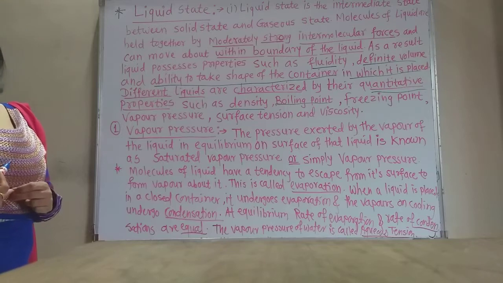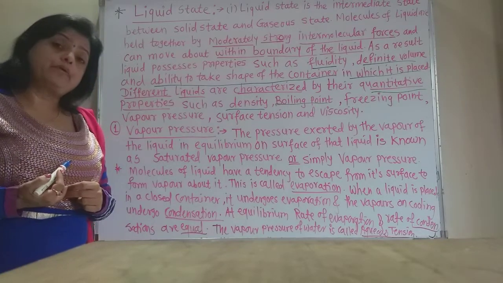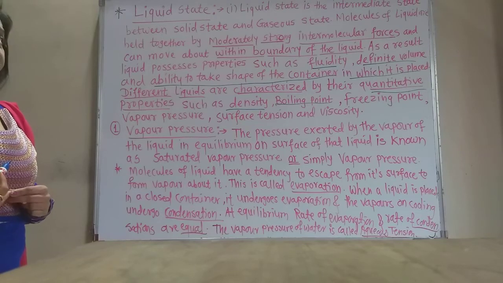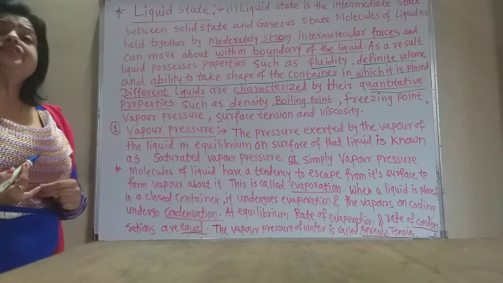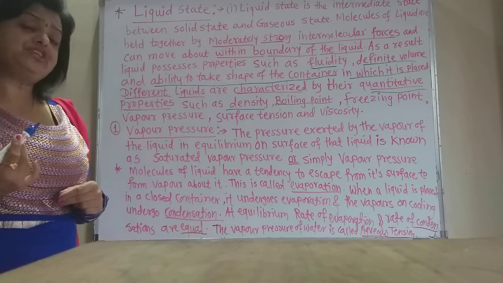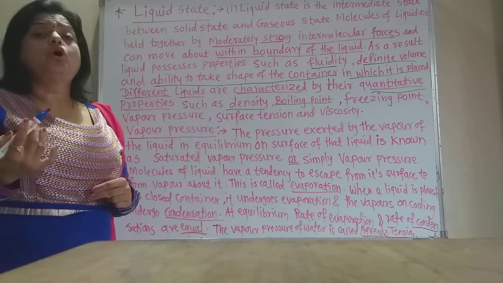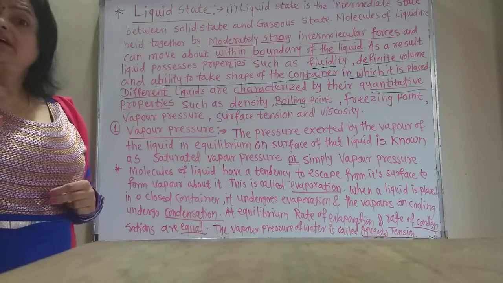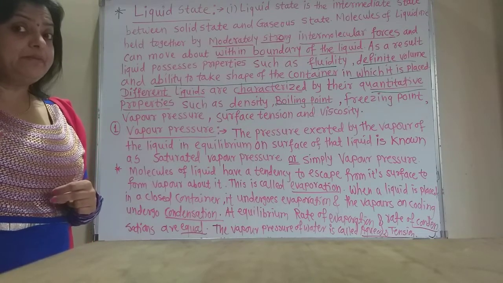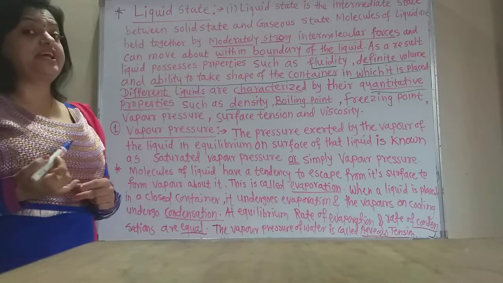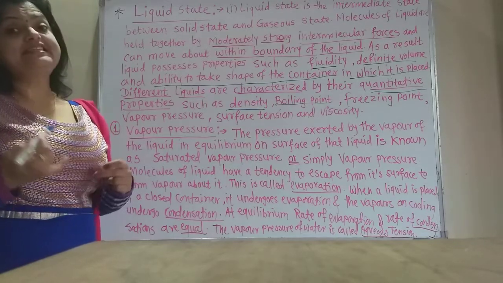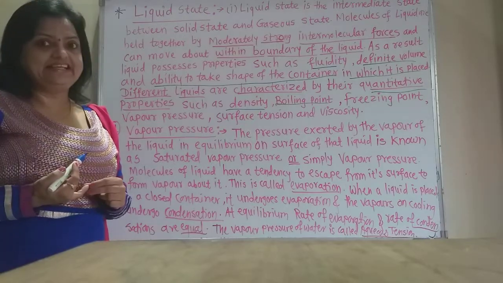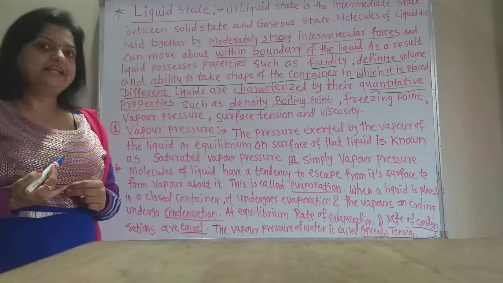Now freezing point is another property which is also different for different liquids. The freezing point is the temperature at which the liquid state and solid state of that liquid are present at equilibrium. They coexist at that temperature, such as ice at 0 degrees centigrade formed from liquid water.